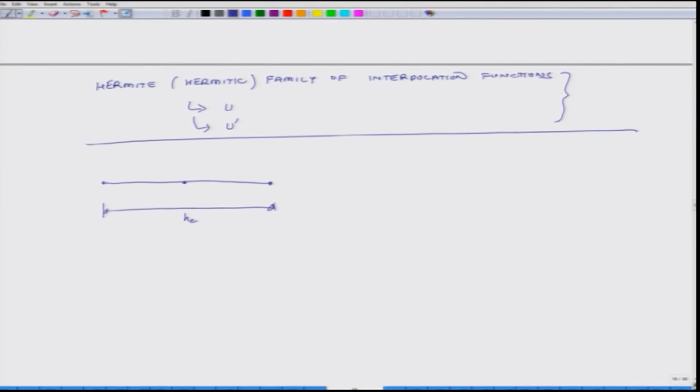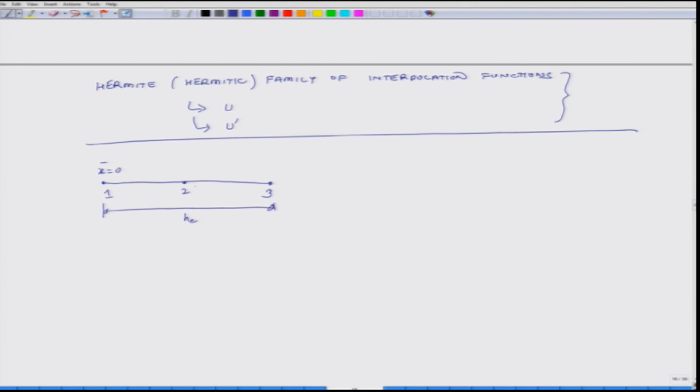So, it will have 3 nodes. The first node's location in the local coordinate system will be x bar equals 0. So, this is node 1, this is node 3, this is 2.